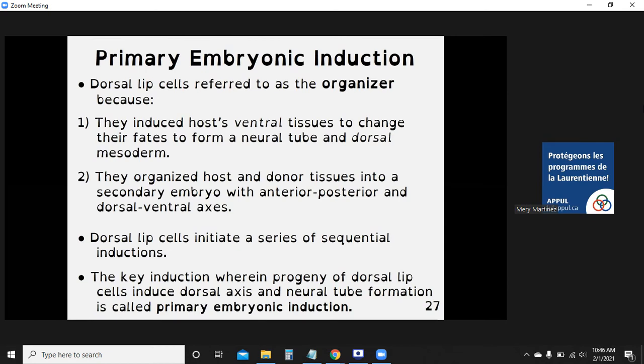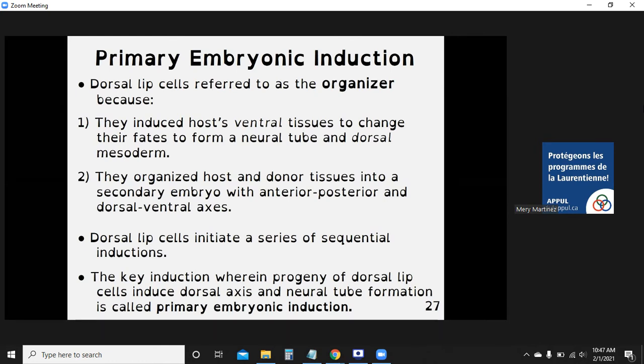And we call it the organizer because they induce the host, the ventral tissues, to change their fates to form a neural tube and a dorsal mesoderm tissue that will become later, as we're going to see, the somites, another transient structure, very important in embryogenesis.